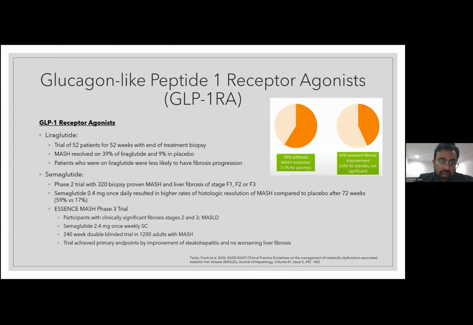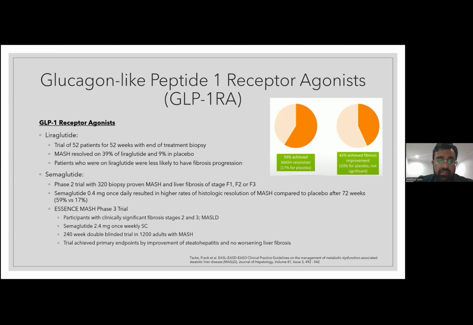But then comes our ESSENCE MASH phase 3 trial. Basically, they took participants with clinically significant fibrosis stage 2 and 3, as well as MASLD, and they gave them semaglutide 2.5 milligrams subcutaneously per week. After about 240 weeks in a double-blinded trial in 1,200 patients with MASH, they reached their primary endpoints of improvement of steatohepatitis and no worsening of liver fibrosis.